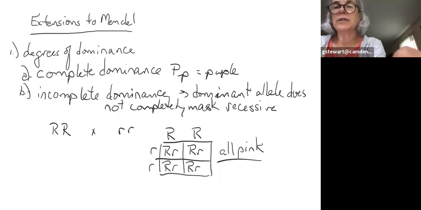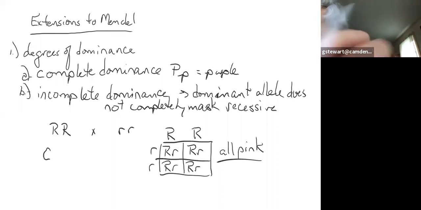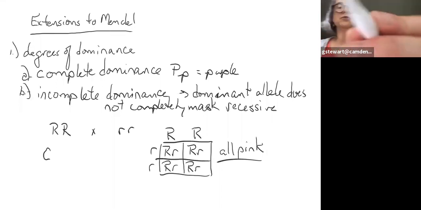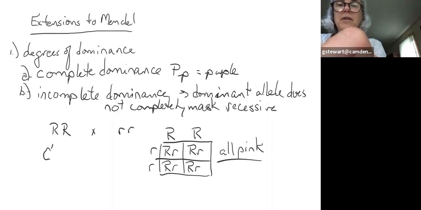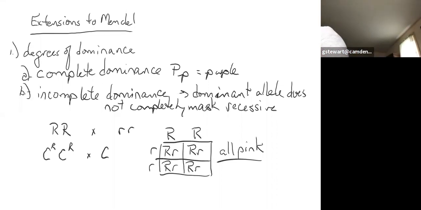You will see in your textbook that they change the symbols. They do it this way. They do C for color, and then they superscript capital R like this. And then they actually switch the allele to white for the recessive.